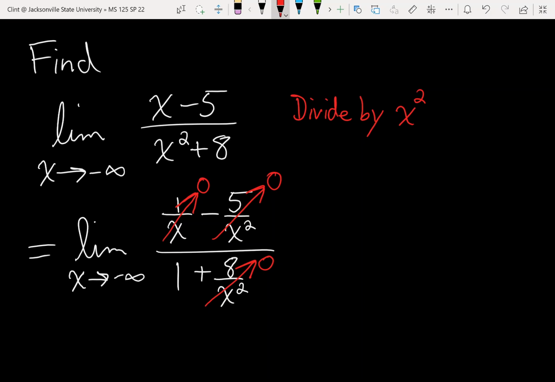So the limits of all three of those parts are 0. What are we left with? We've got 1 on the bottom, and on the top we've got 0. So our limit is 0 over 1, so it's 0.